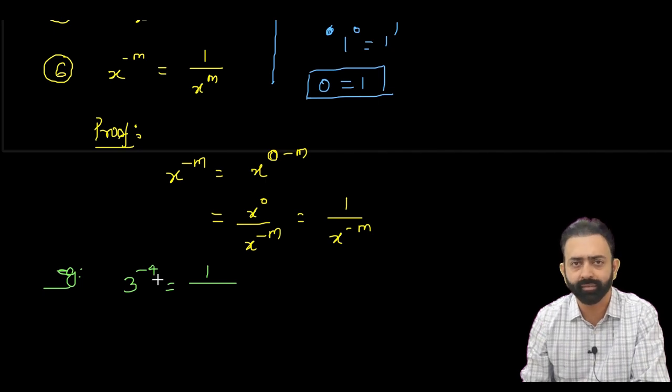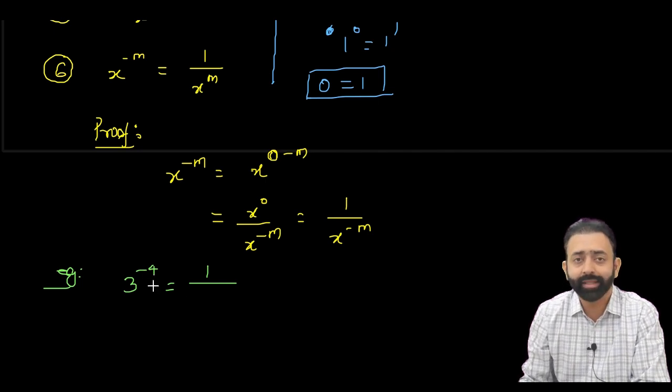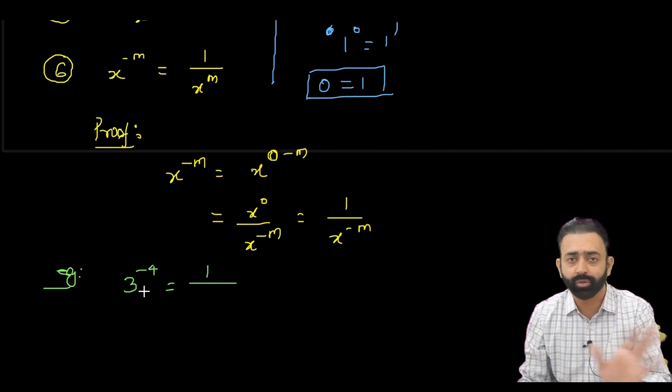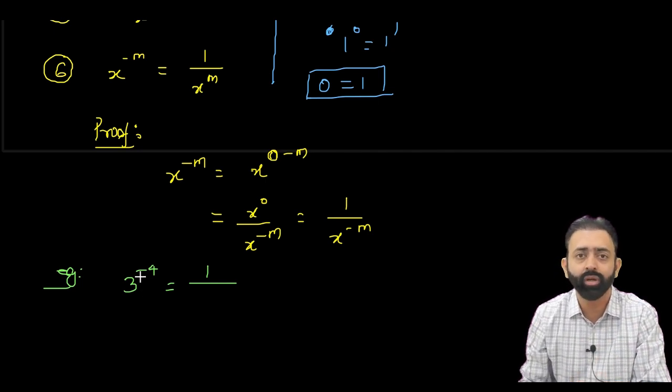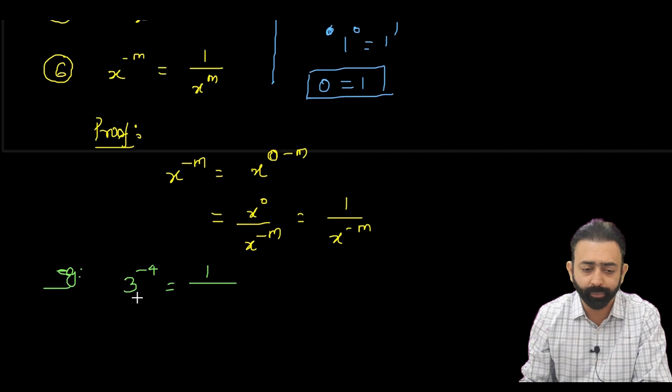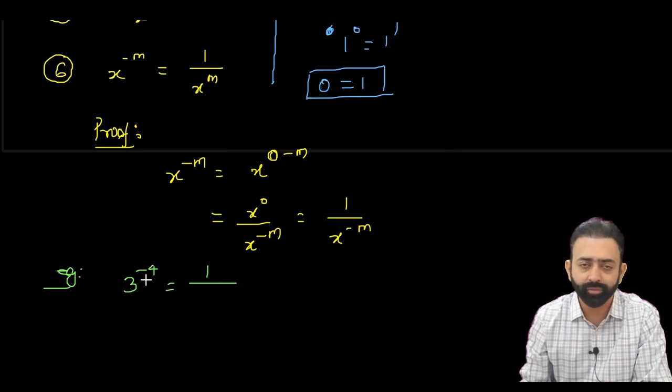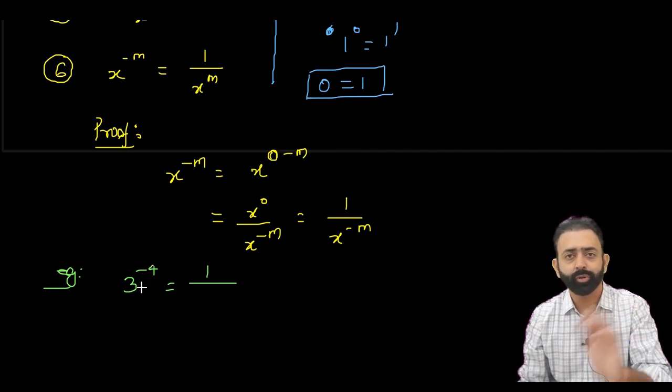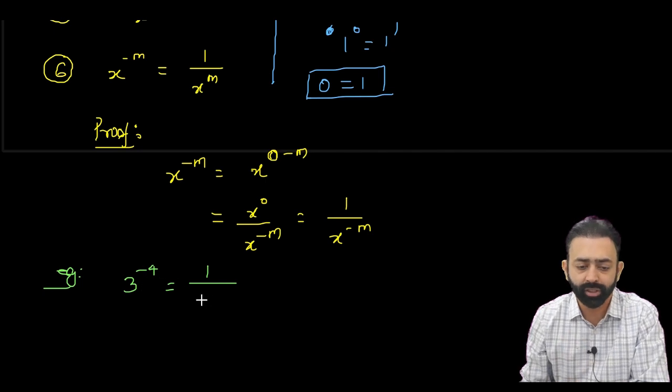Exponents cannot be negative until and unless base is negative. Okay, so 3 raised to power minus 4, please remember, is a positive quantity. So no need to panic or get confused and write this as minus 3 raised to power 4. This minus has nothing to do with negative number. The only motive of this minus 4 is to reciprocate this 3 raised to power 4. So just write 1 over 3 raised to power 4.